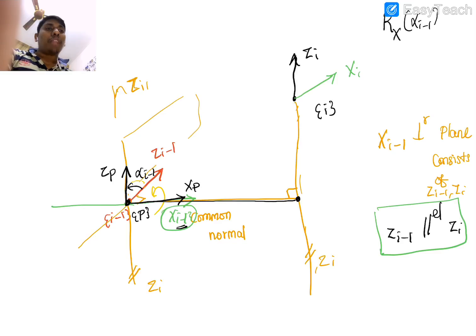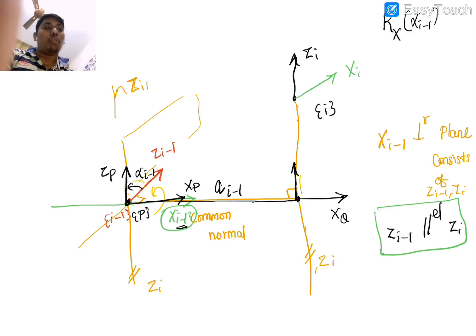Now I get the x-axis parallel, which I call xq, and there is a z-axis as well. I am moving this frame some distance, which I call the link length, ai minus 1, because I am traveling along xi minus 1, here along xp.